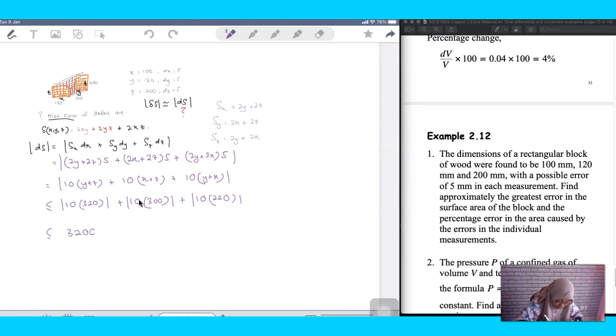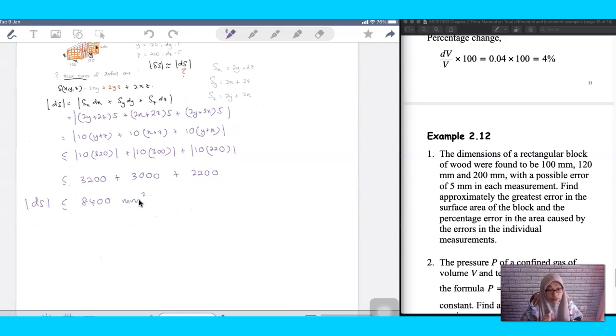So we have this plus 2000 plus 200. And then when you total up your answer here, you get 8400 millimeter, surface area, so it should be squared, right? So this is your maximum error of the surface area for the cuboid.